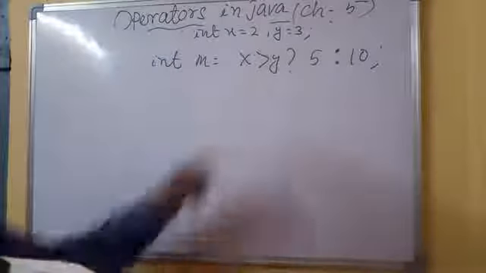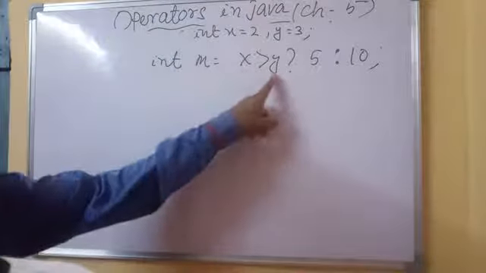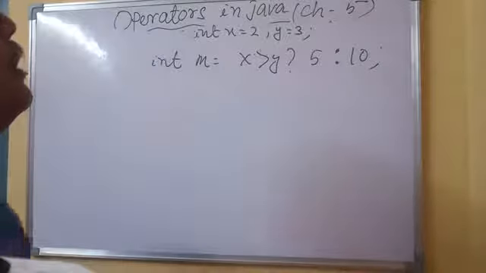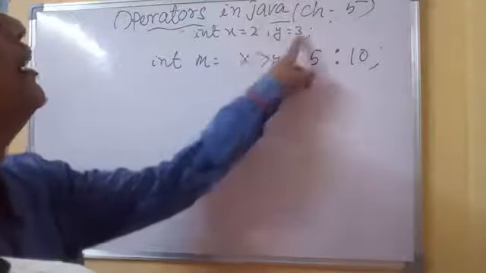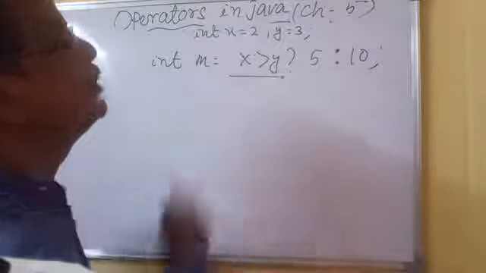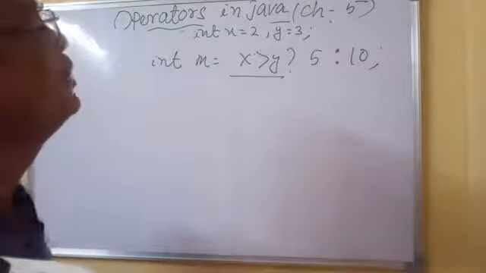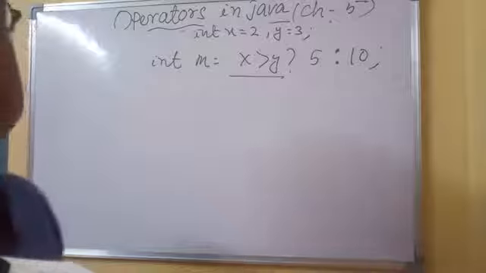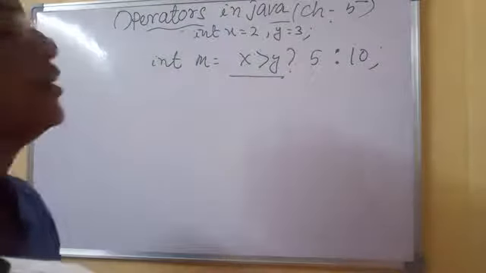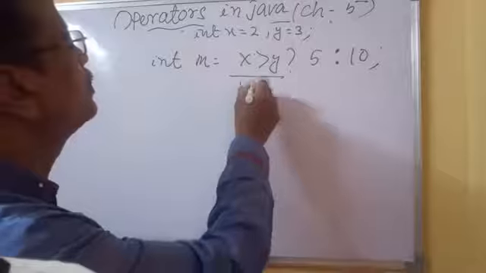The value of x has to be supplied before: int x = 2, y = 3. So x greater than y, first it will check whether x is greater than y or not. The x value is 2, the y value is 3. Both are compared, and it finds out true or false. It is false, because x is not greater than y.